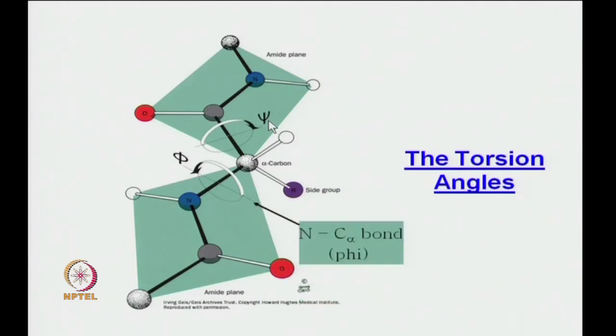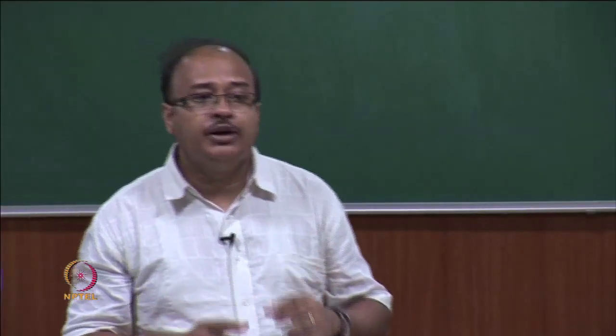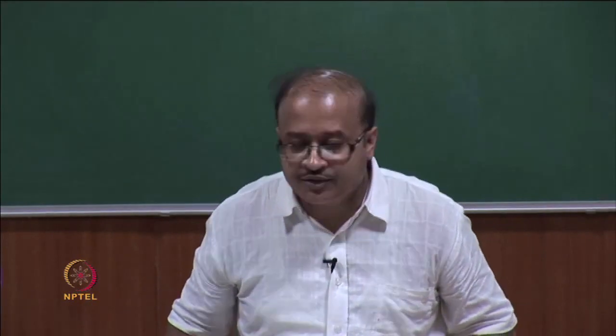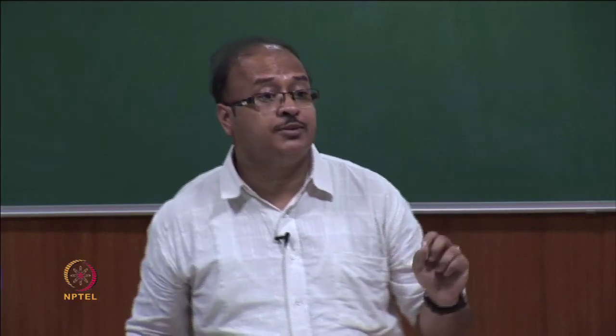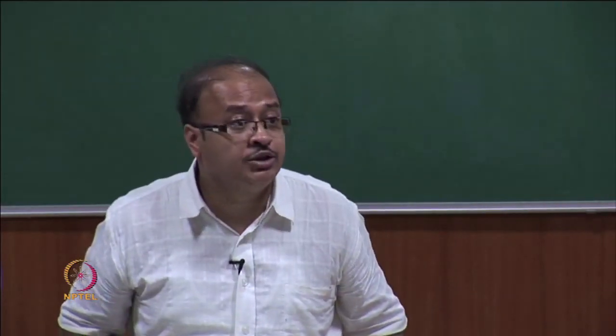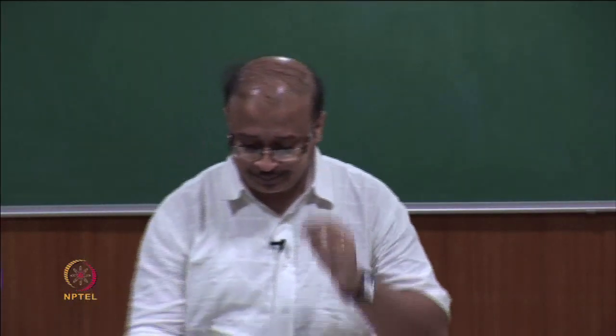The N C alpha bond is your phi, and the C alpha C bond is referred to as the psi torsion angle. I am sure you already know, these two in combination, if you plot, give rise to the Ramachandran plot, and it tells you what the possible or admissible psi and phi values are that a protein or a polypeptide chain can take.